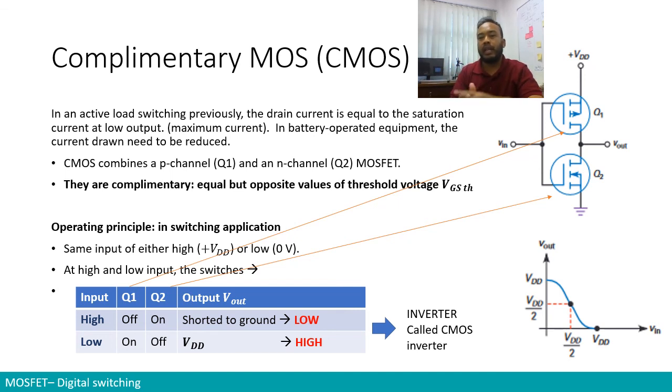And of course, more logic functions can be constructed starting from just this inversion. If you remember when you learned the basics of logic circuits, you have the NOT gate. That NOT gate is basically implemented using this CMOS.